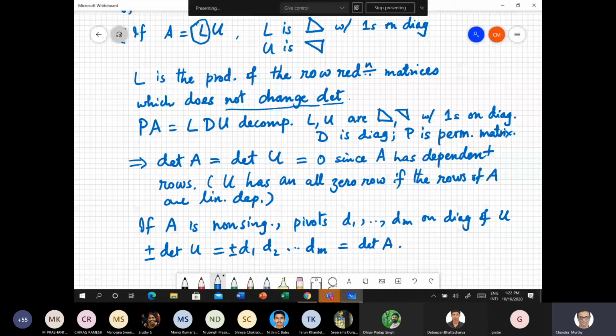So the determinant of A is either the determinant of U or minus the determinant of U, depending on row exchanges.